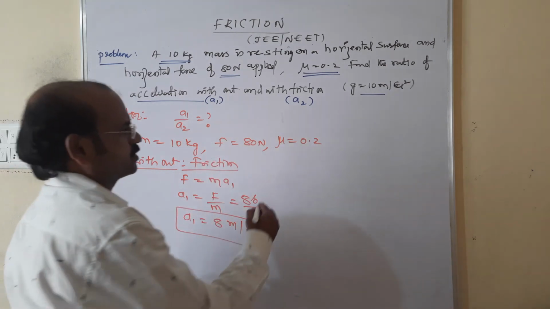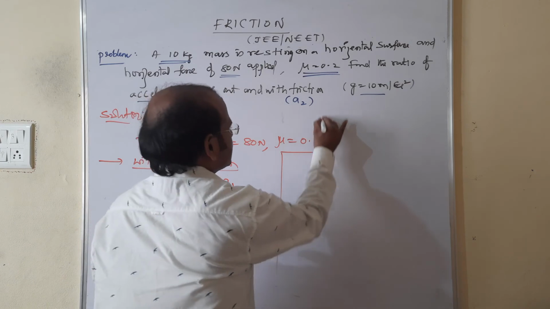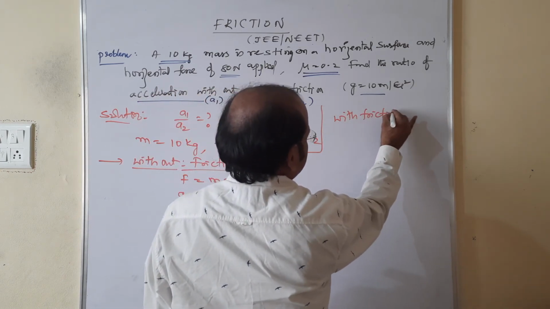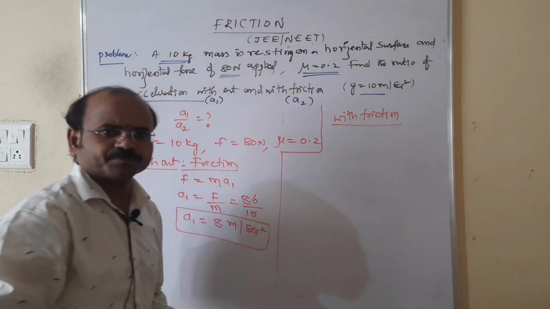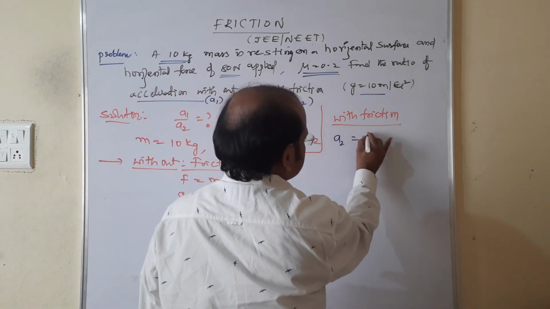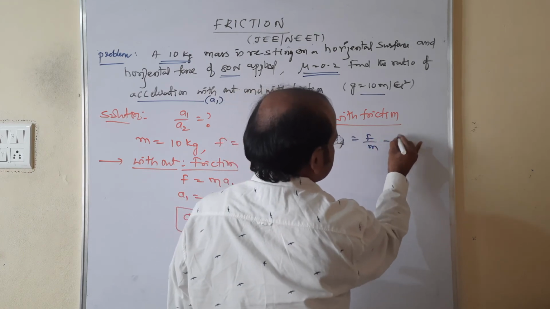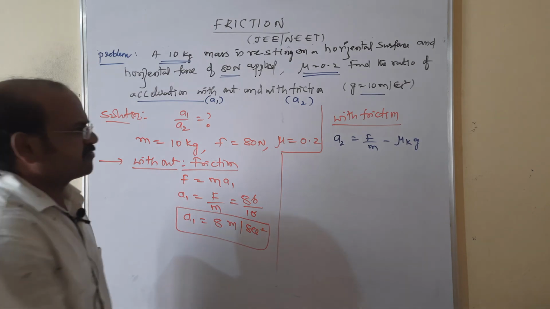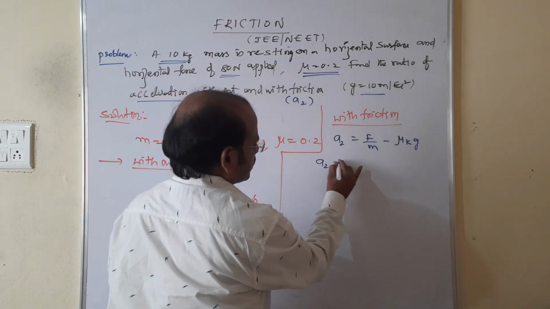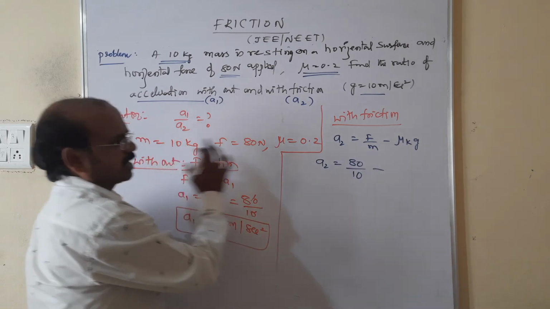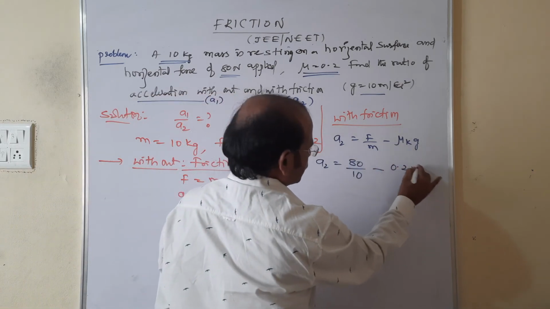Now we need to get the acceleration with friction. A2 is equal to F by m minus mu k g. F is 80 Newton, so that is 80 by 10 minus 0.2 into 10.